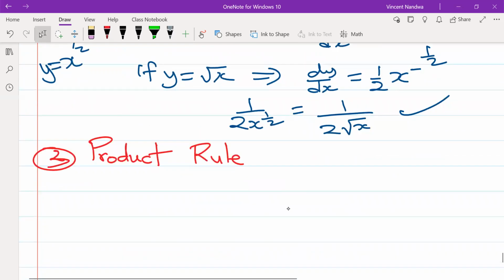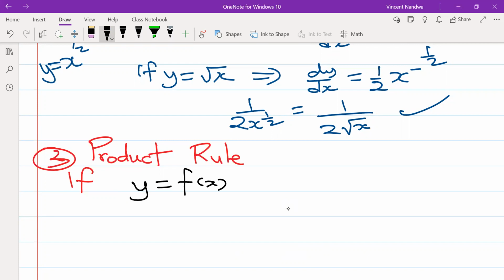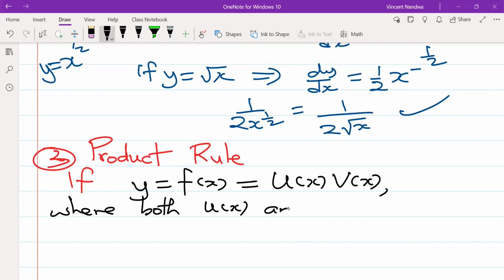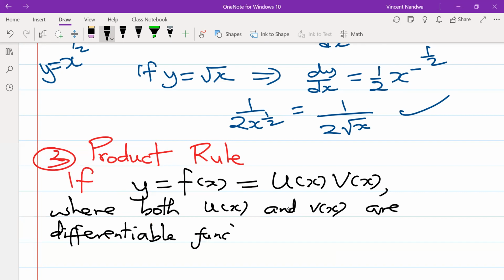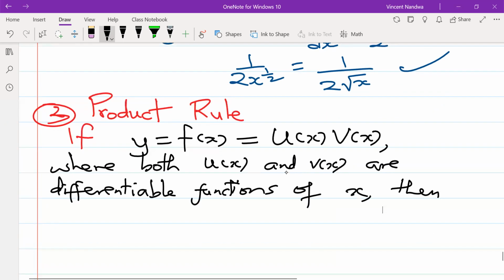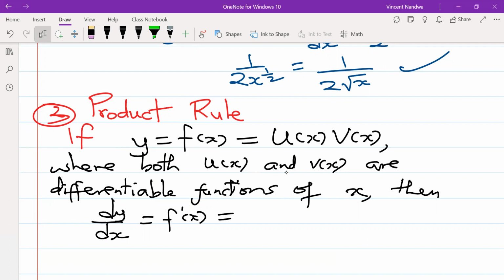So if y equals f of x is given by u times v, where both u and v are differentiable functions of x, then dy/dx, which is the same as f prime, is given by u prime v plus v prime u.